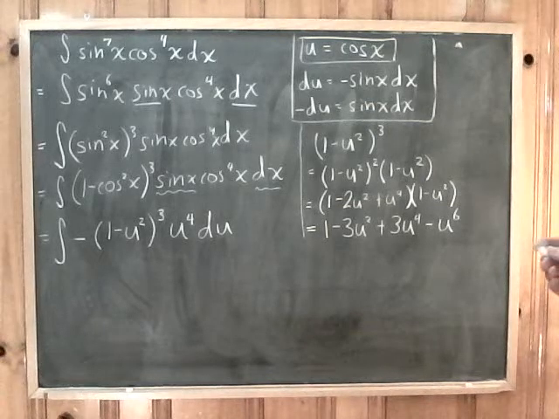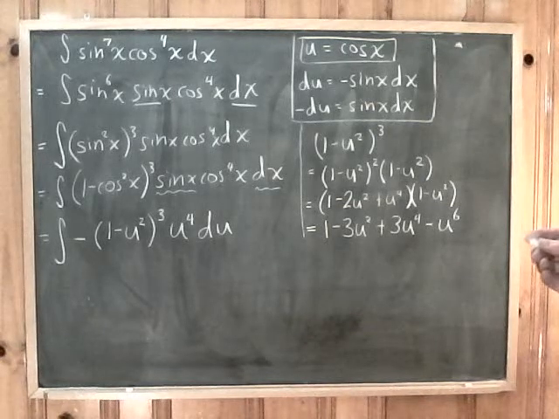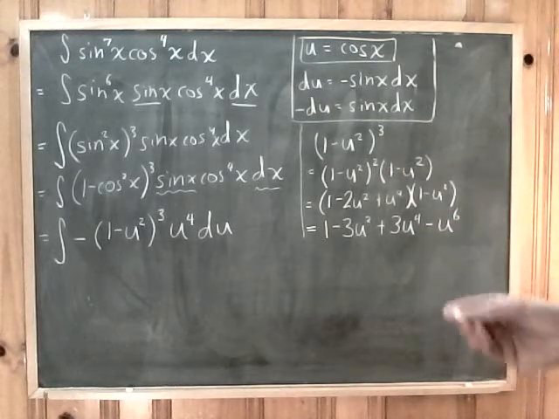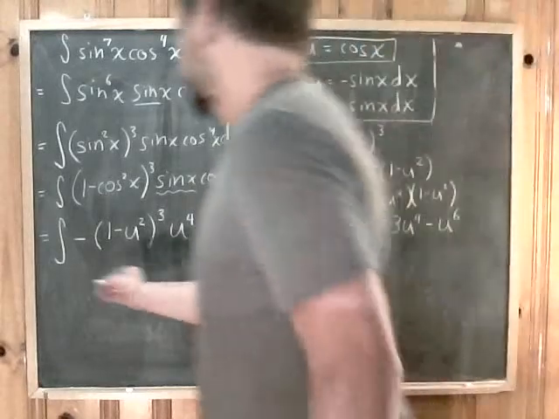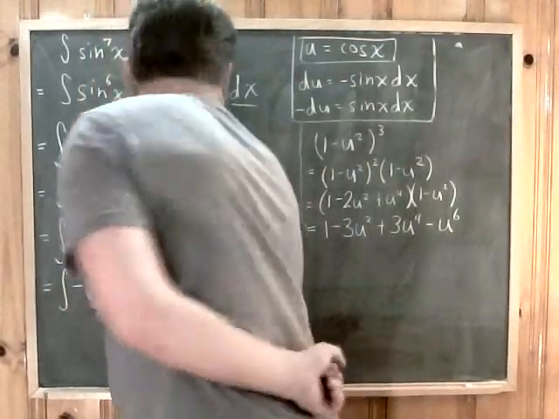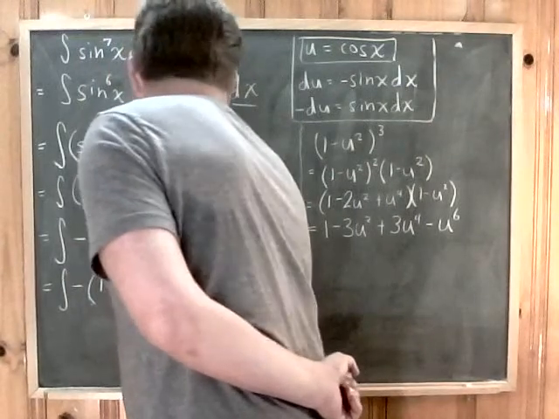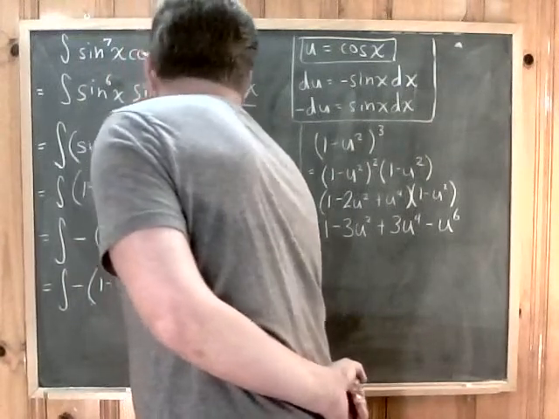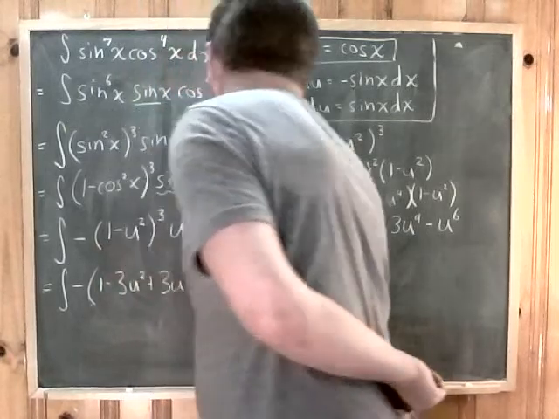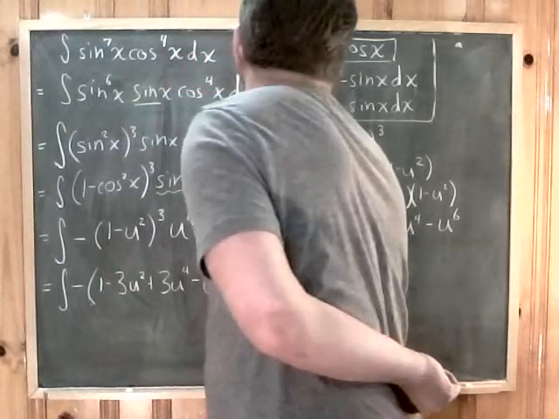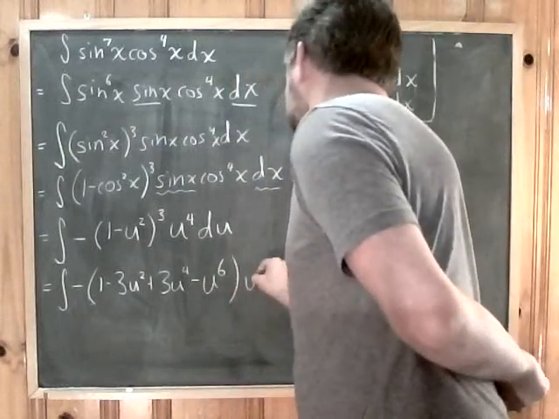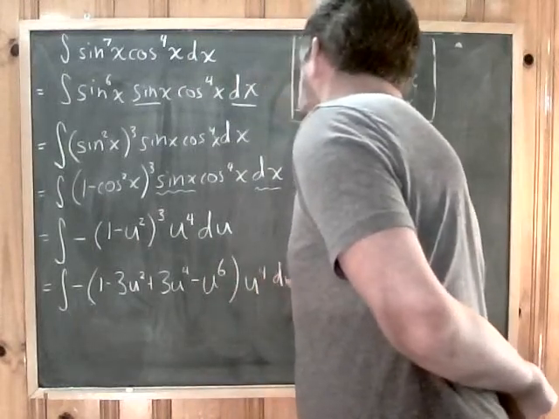Now I can replace all of that, but I still have to multiply through by u to the 4. So I have equals minus, 1 minus 3 u squared plus 3 u to the 4 minus u to the 6, and all times u to the 4 du.